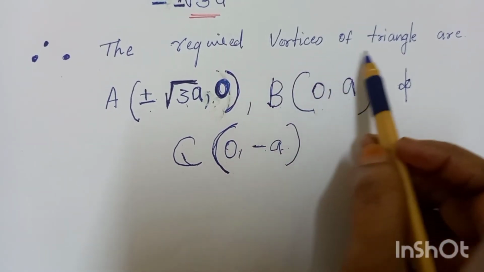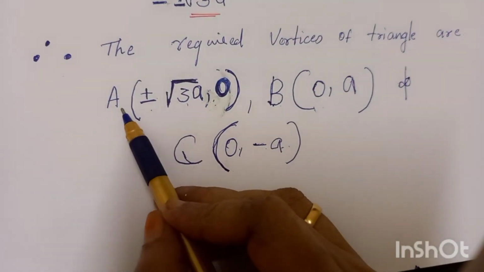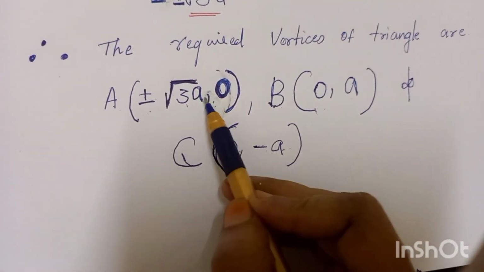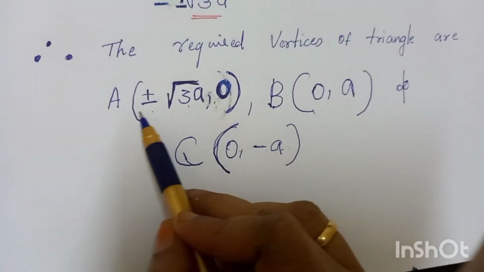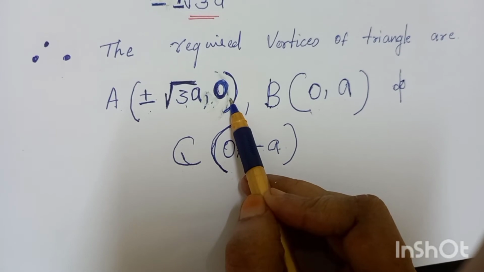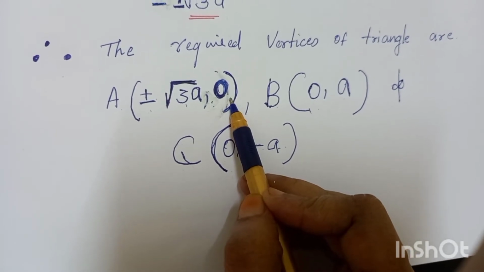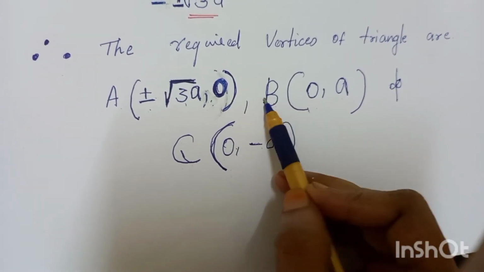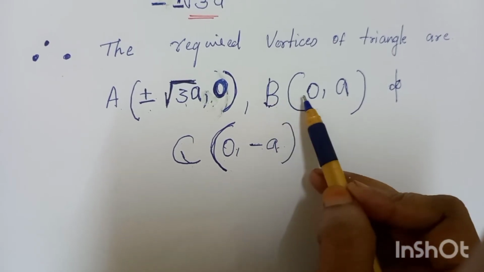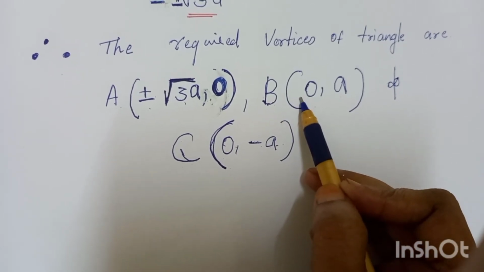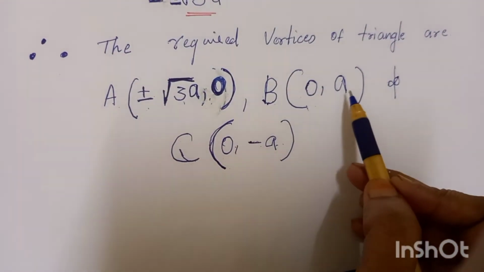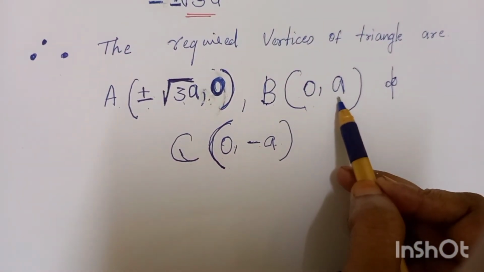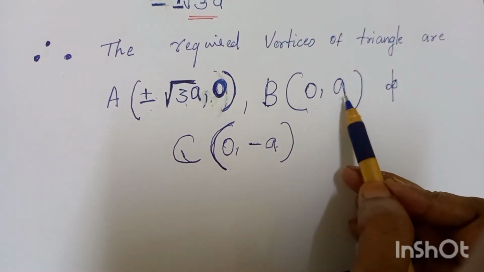The required vertices of the triangle are A (plus or minus root 3 a, 0), because A lies along the x-axis, so its y-coordinate is 0. B lies along the y-axis, so its x-coordinate is 0, and y-coordinate is a, because B lies above the x-axis.